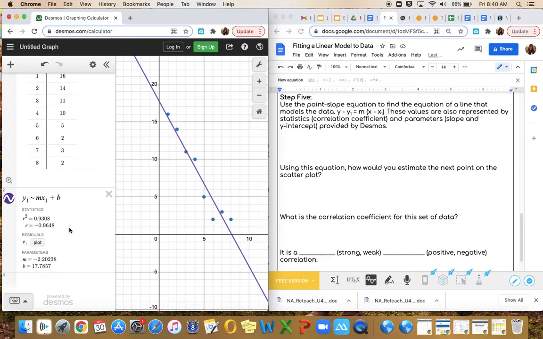Because it's negative, it would be a strong negative correlation. Okay, it also gives you residuals, and we're not going to worry so much about that. But then the parameters, we already found these parameters when we found the equation of our line of best fit, but that m is your slope, and that b is your y-intercept.